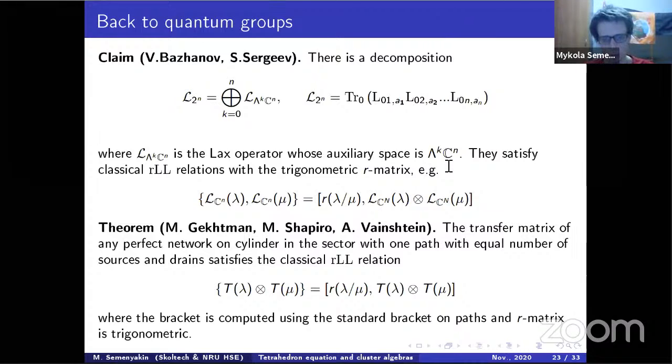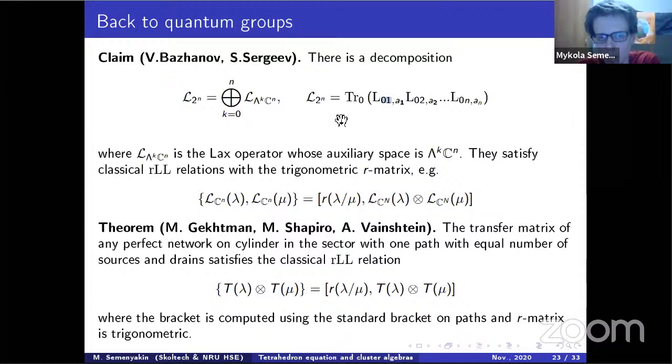Now I want to compare two statements. The first statement is the one which I made in the previous talk, and this was the statement of Bazhanov and Sergeev, that if you take n of these tetrahedron Lax operators and multiply them along one two-dimensional auxiliary space, and take the trace over this space, so now this space is hidden, you get some operator which acts in the product of other spaces, 1, 2, and so on to n.